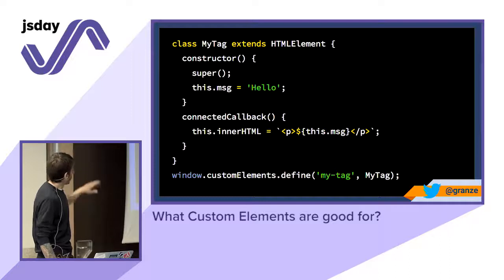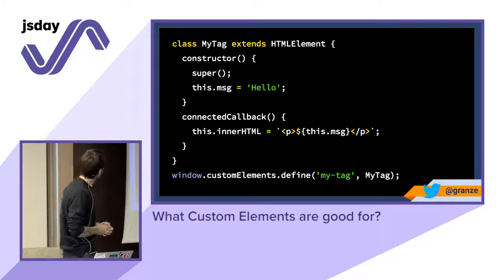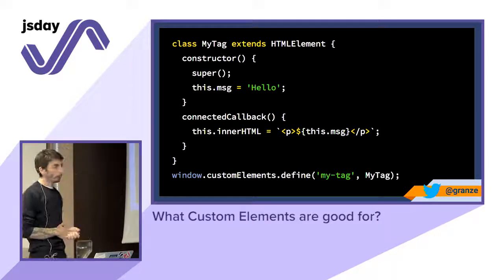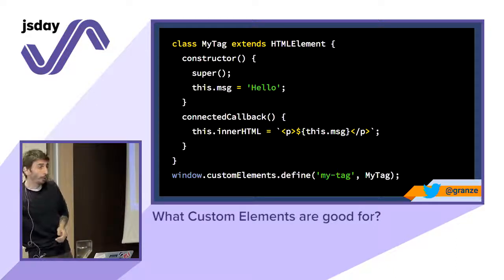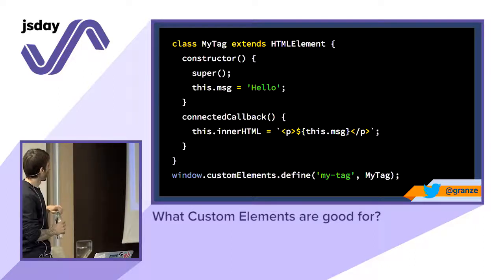How does the custom element look on the code side? With the v1 specification, I need to implement my custom element by using an ES6 class.